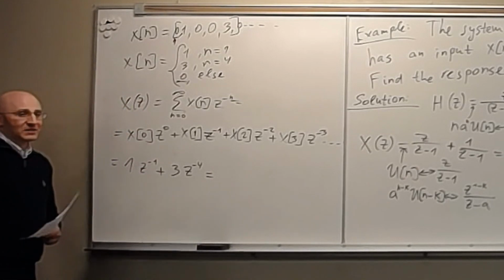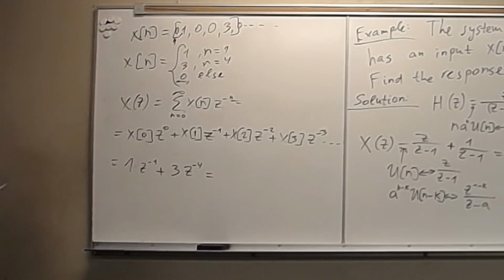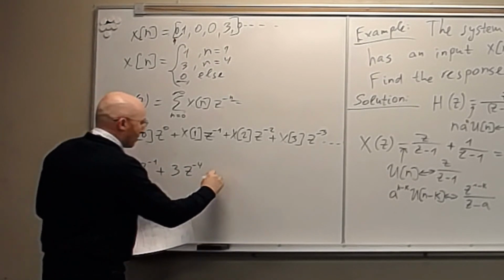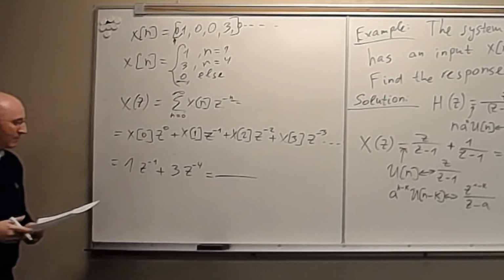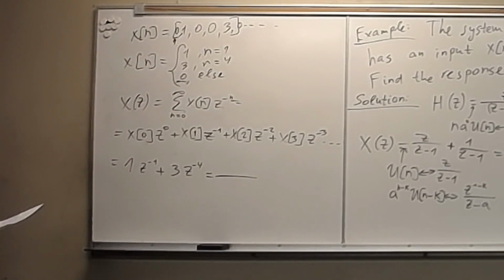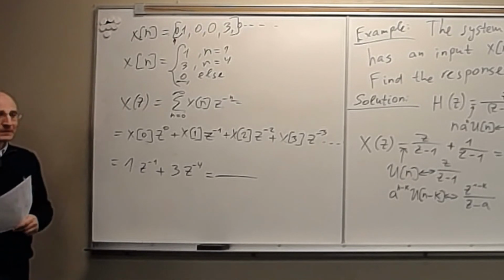Now you want to write that as a polynomial divided by a polynomial. It's not a transfer function in that case. You want a polynomial divided by a polynomial. How can you do that? You multiply and divide by the same thing. What is that same thing? Z to the 4th.